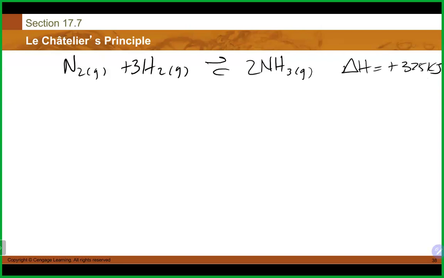So let's say what will happen here in each of these cases. Which way will it shift, to the left or to the right, or will there be no change?